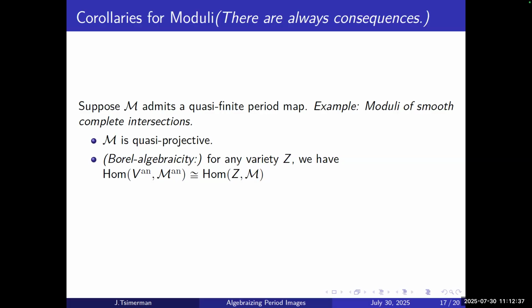Not definable analytic maps, but actual genuine analytic maps are all algebraic. This stems from some hyperbolicity of the period domain pulled back to M. And as a nice corollary, if you look at the analytification of M, it has an algebraic structure because it came from an algebraic thing, and that's the only algebraic structure. There are no other algebraic structures.